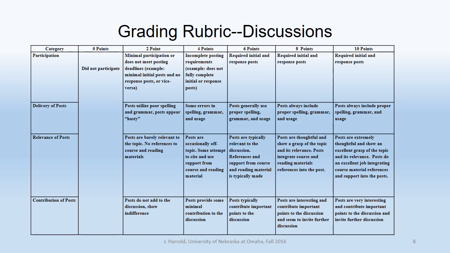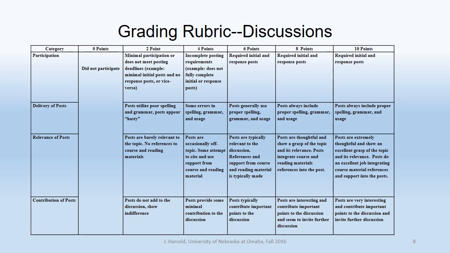So really, a 2-point discussion is minimal participation or not meeting the deadlines. A minimal grade would be poor spelling and grammar, and posts appear to be done in haste. They're barely relevant. They don't add to the discussion, or they show indifference.